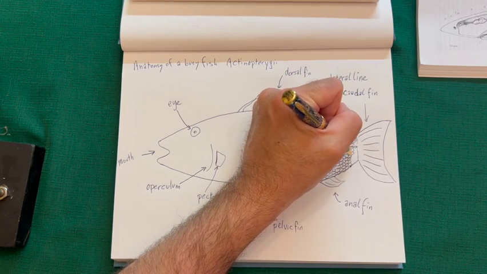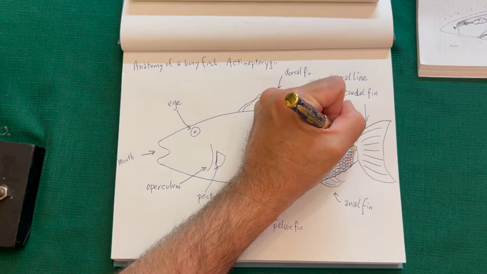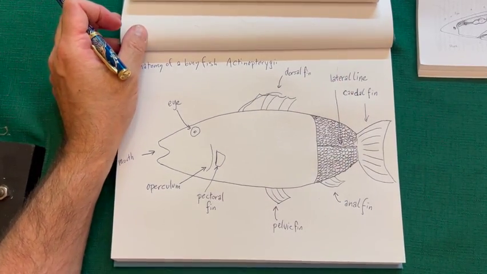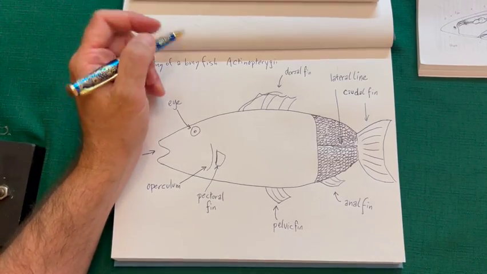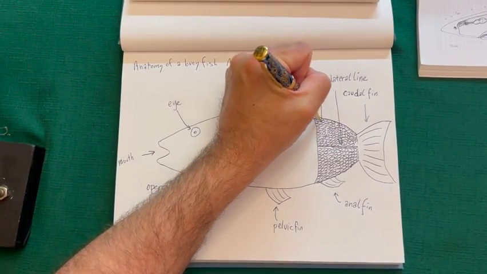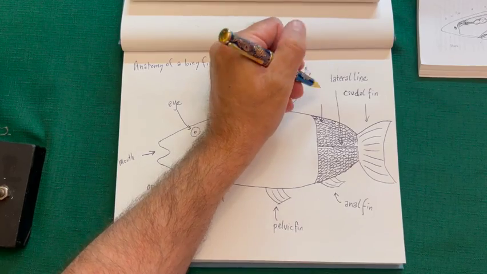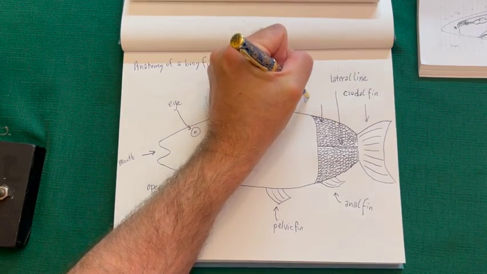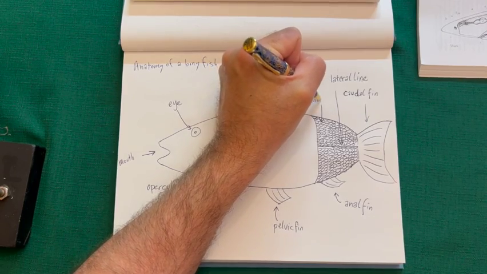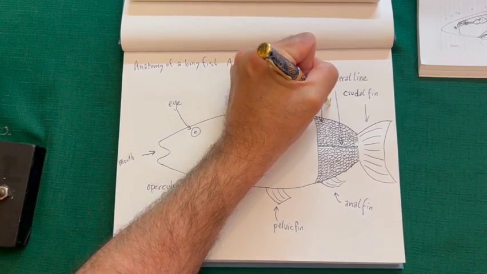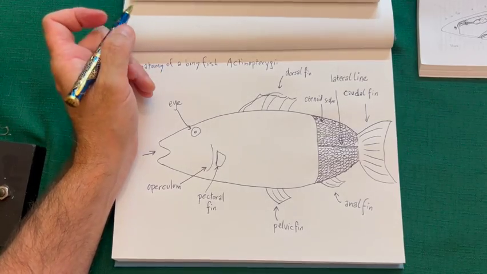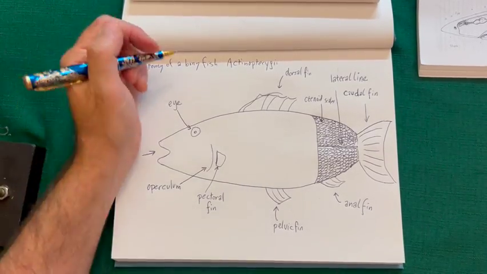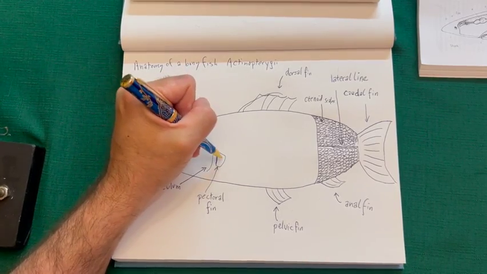Start making them really big or really spaced out. All right, that is fine-ish. Okay, so these, as I mentioned, would be the scales. In bony fish, they are known as comb-like scales or ctenoid scales.